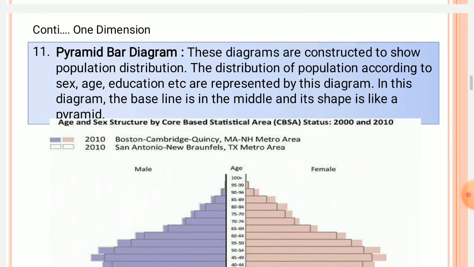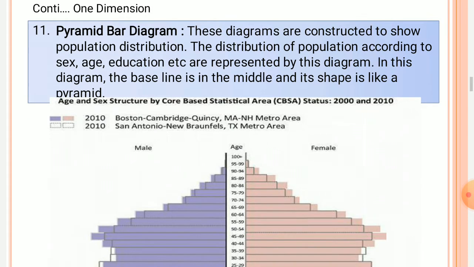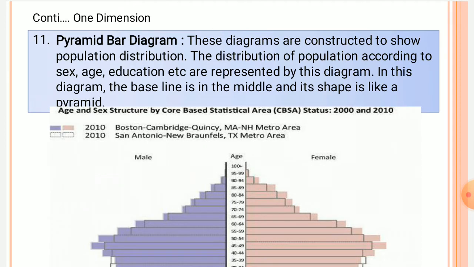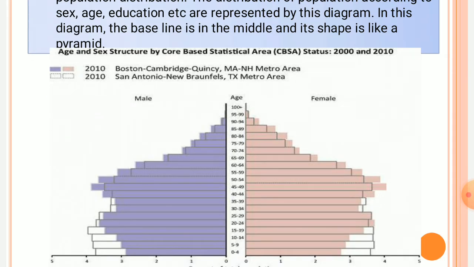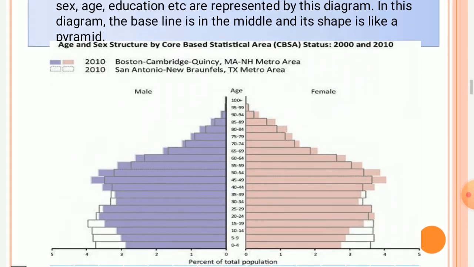So this is another type of bar diagram used for showing the population distribution, made according to sex, age, education, etc. This is an example.